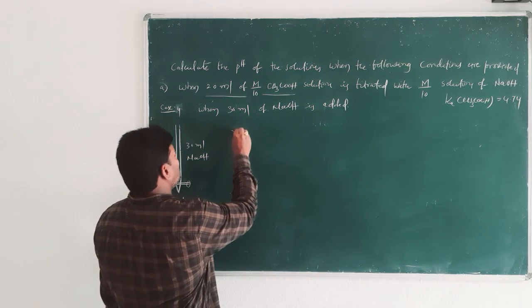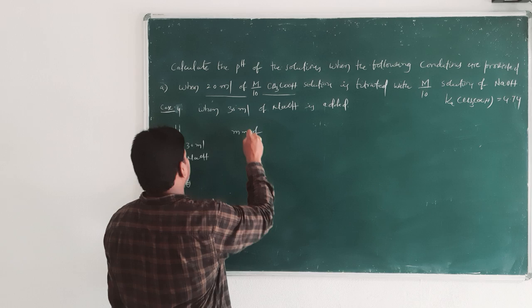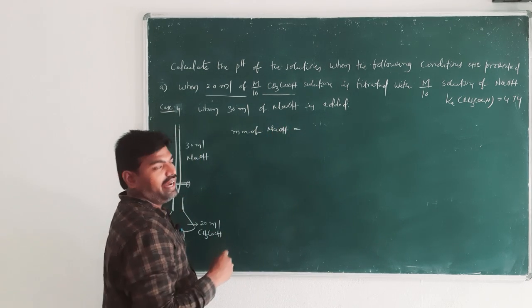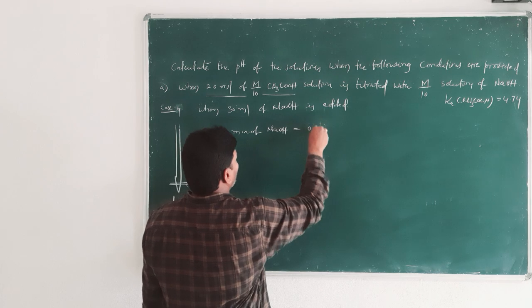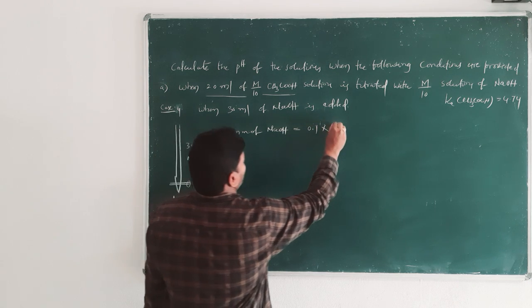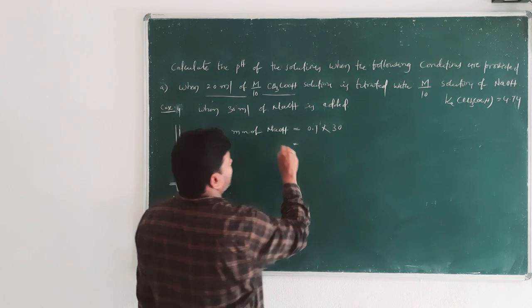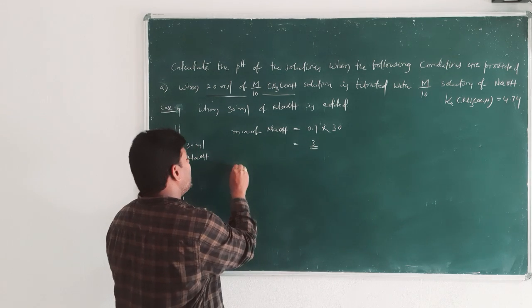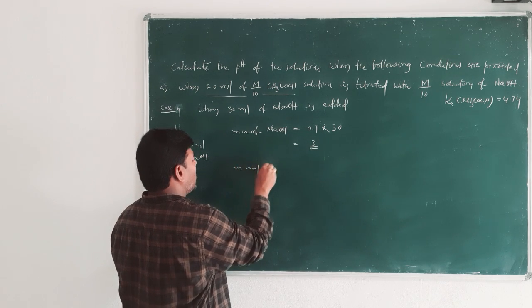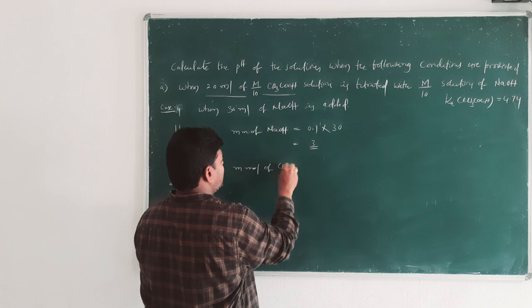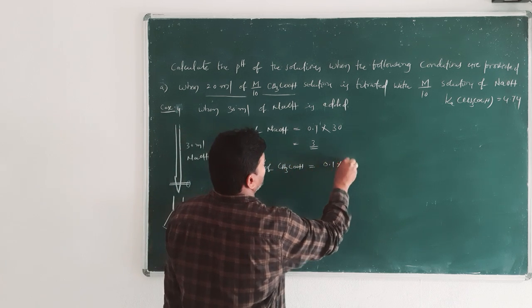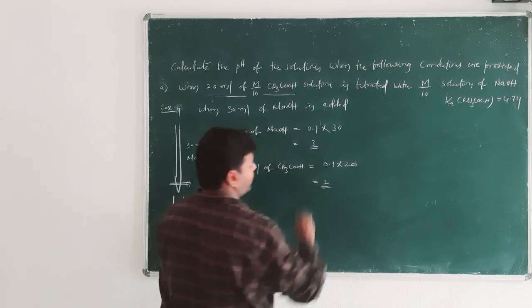So, millimoles of NaOH is its molarity into volume, that is 30, so millimoles of NaOH is 3, and millimoles of acetic acid, CH3COOH, is its molarity into its volume, that is 2.